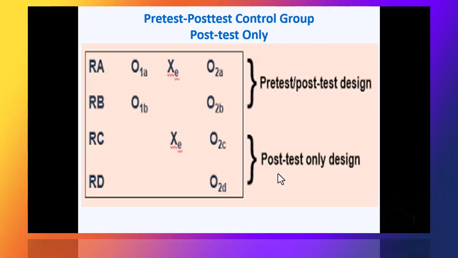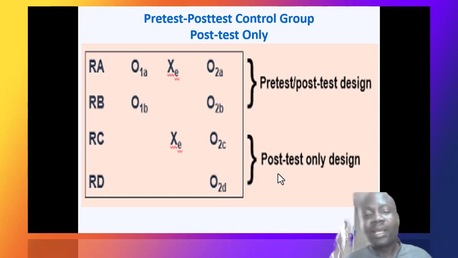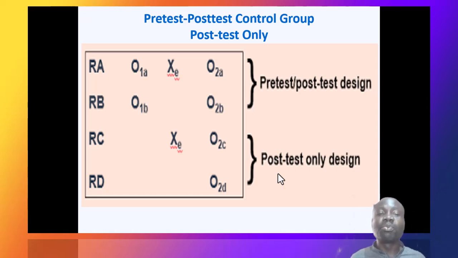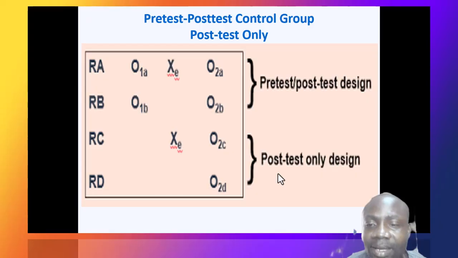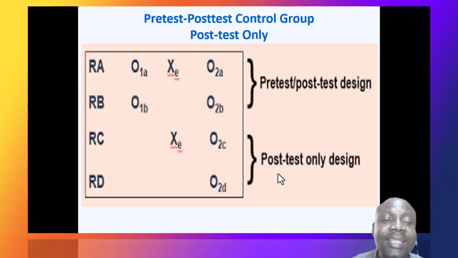I want to first make a distinction between the pre-test, post-test design and post-test only. If you look at the slide, you will see that there is RA, there is RB. So those RA and RB signify the treatment and the control.